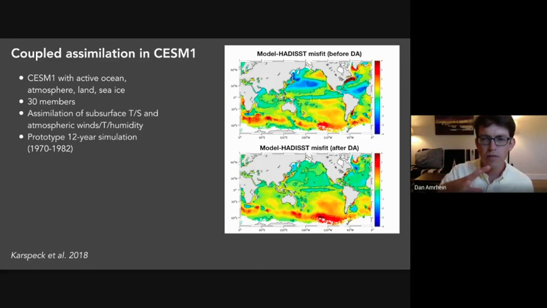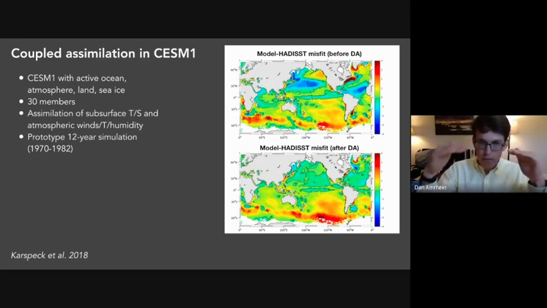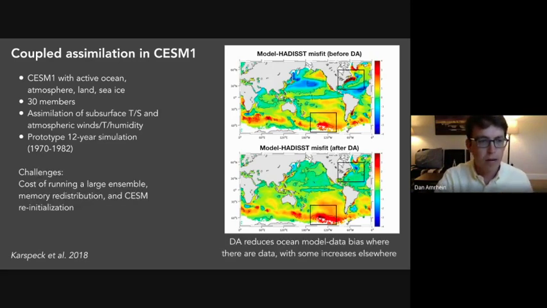This is illustrated in a prototype 12-year simulation. It's weakly coupled in the sense that when observations are assimilated into the ocean, observations affect the ocean, and atmosphere observations affect the atmosphere, but there's no interplay between the two. We'll talk about this a little more later on.